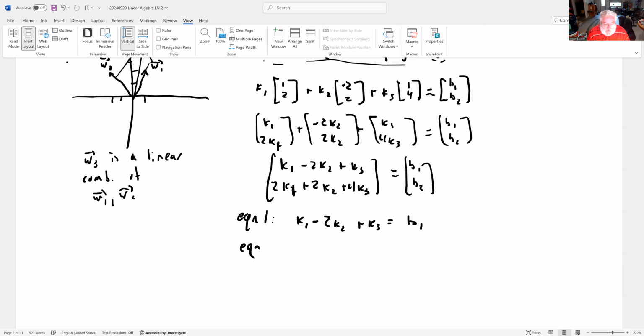And the second equation is 2K1 plus 2K2 plus 4K3 equals B2. Okay, so we want to solve this. I'll multiply the top by 2.